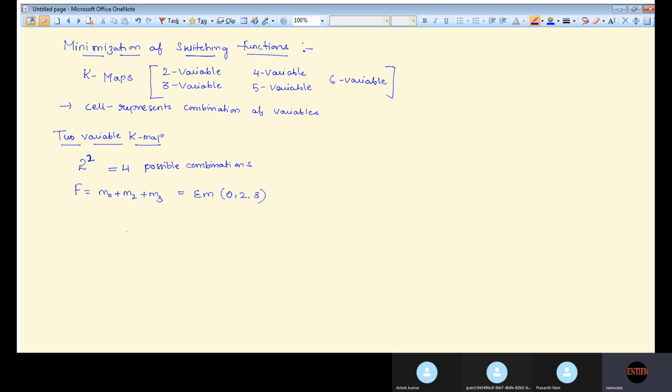In truth table form, these are the minterms, these are the inputs A, B, and this is the output function. The minterms are 0, 1, 2, and 3, and the inputs are 00, 01, 10, and 11.